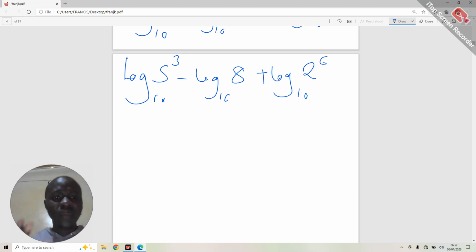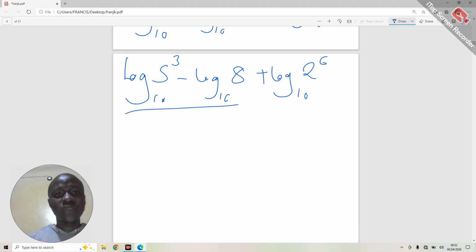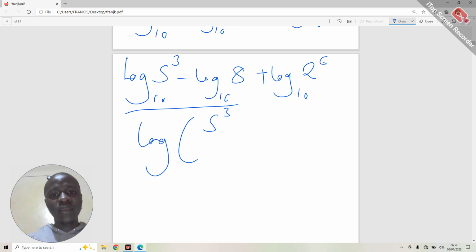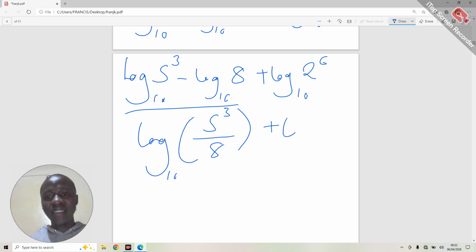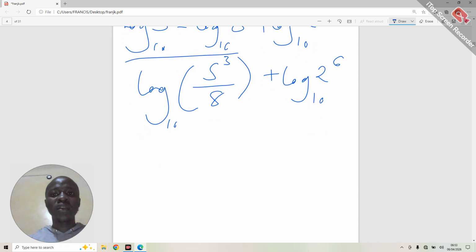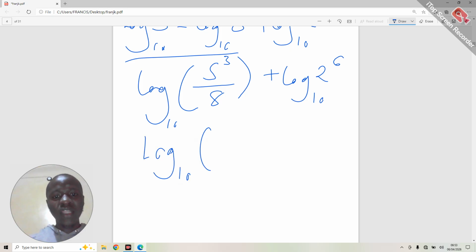Like for me, I would have first tackled this, whereby I would have log of 5 power 3 divided by 8. And remember, this is of base 10. Then later, we add plus log 10, 2 power 6. Then I finally combine them to have something like now log of 10. Now this is a good student who knows what he's doing.